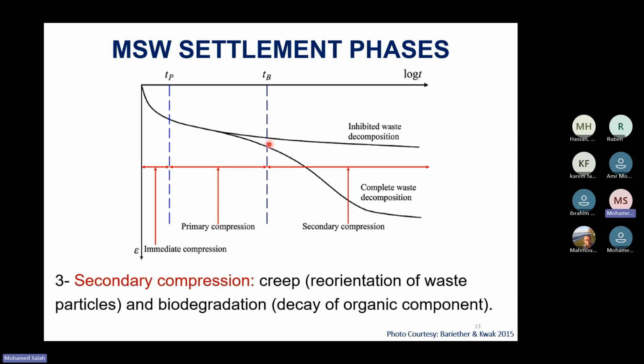And here we come to the third stage, which is the secondary compression, whose main contributors are creep and biodegradation. Creep is due to the reorientation of waste particles, and biodegradation is due to the decay of the organic component of the waste.